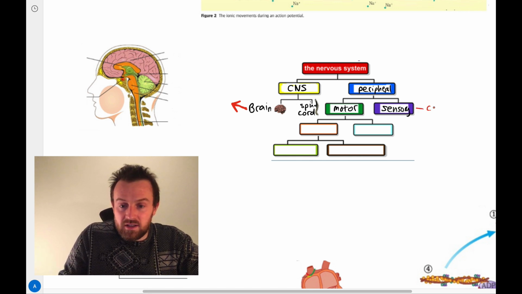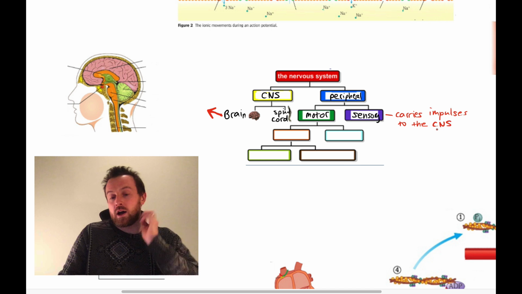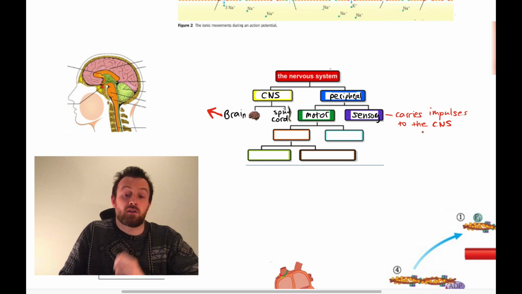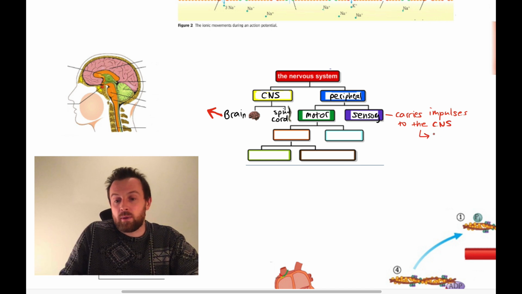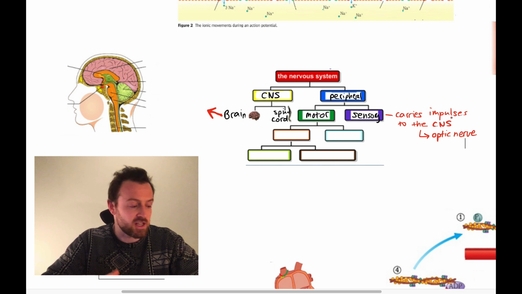This carries impulses and information to the CNS. So for example, two parts of the sensory nervous system which you might have heard about, maybe the optic nerve. That's the nerve that travels from the retina to the brain. That would be part of the sensory nervous system.